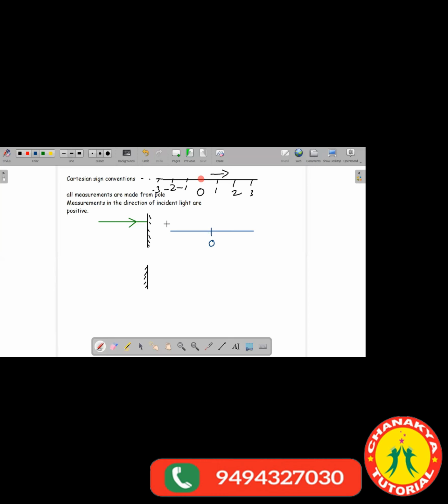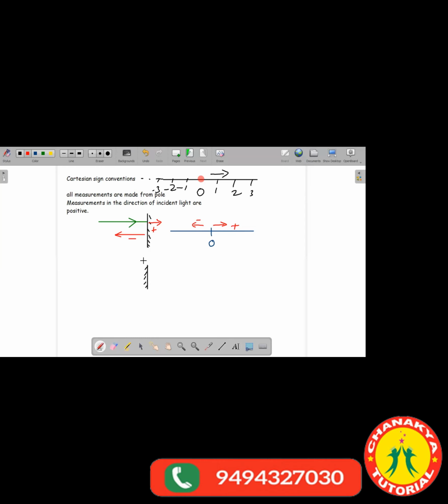The measurements in the direction of the incident light, that means behind the mirror, will be positive, and measurements in the opposite direction will be negative. So on the number line, this side is the positive side and this side is the negative side. Now, what about the second mirror?